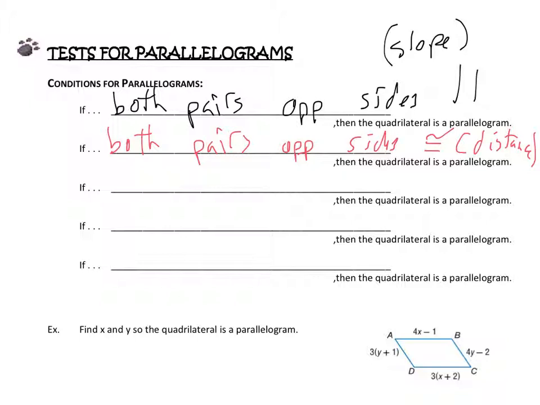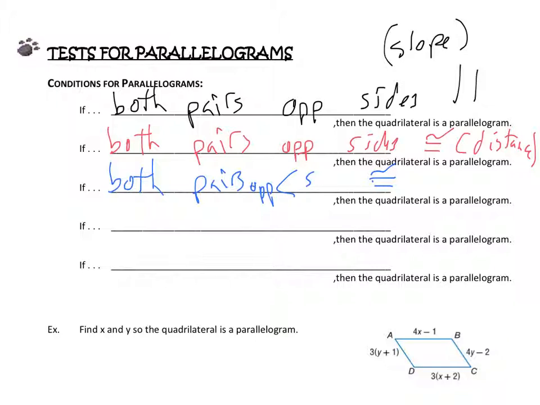The next way, if both pairs of angles are congruent. Now, we don't have a formula for that. We're not going to measure the angle, so if they tell us that the opposite angles are congruent, I forgot to put that in there, didn't I?